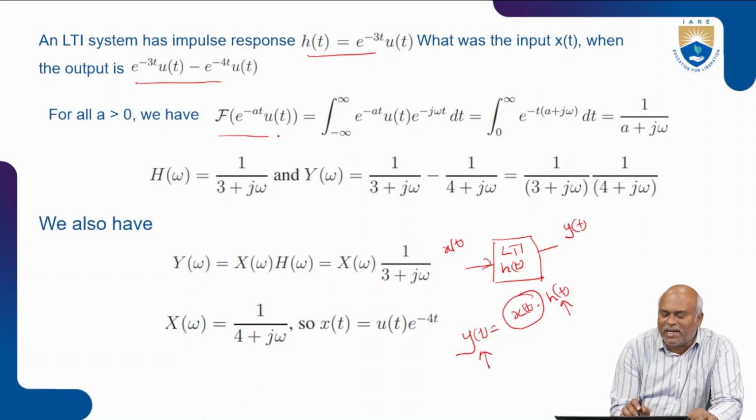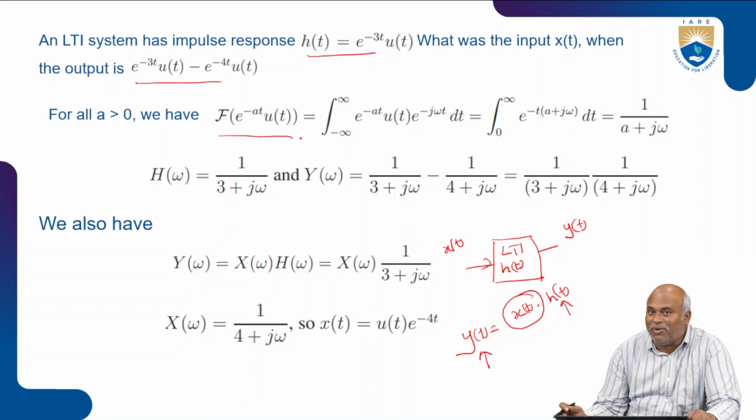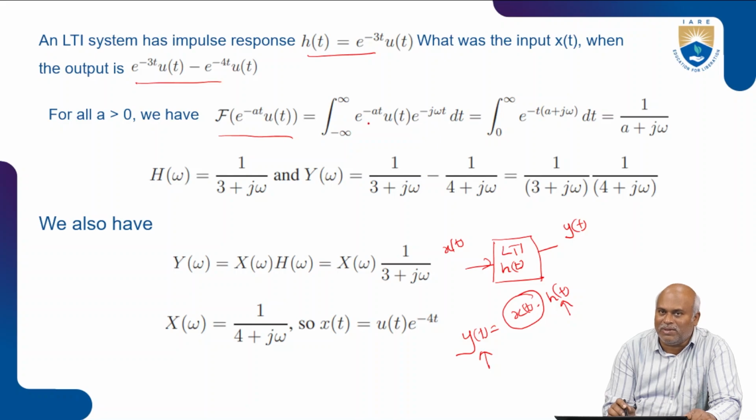We know the Fourier transform of an exponential in the one-sided case: the Fourier transform of e power minus at u of t is equal to the integration from minus infinity to plus infinity of e power minus at u of t into e power minus j omega t dt.